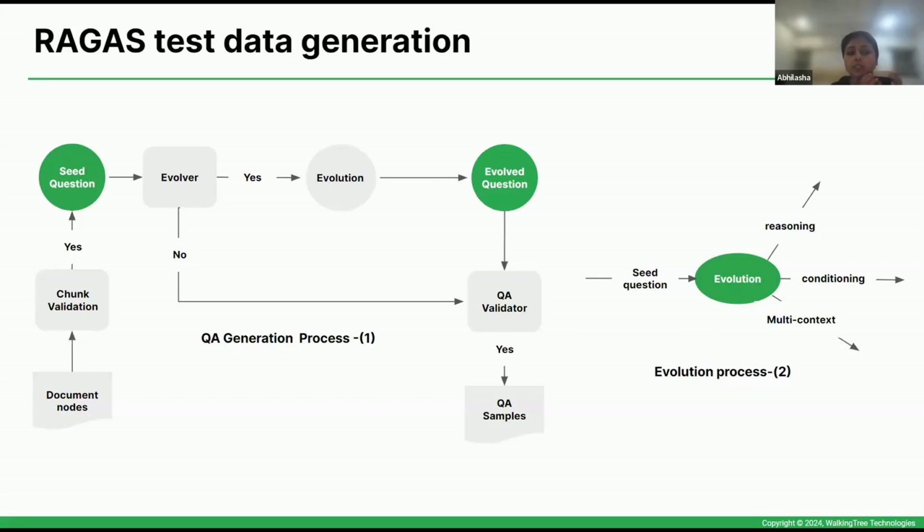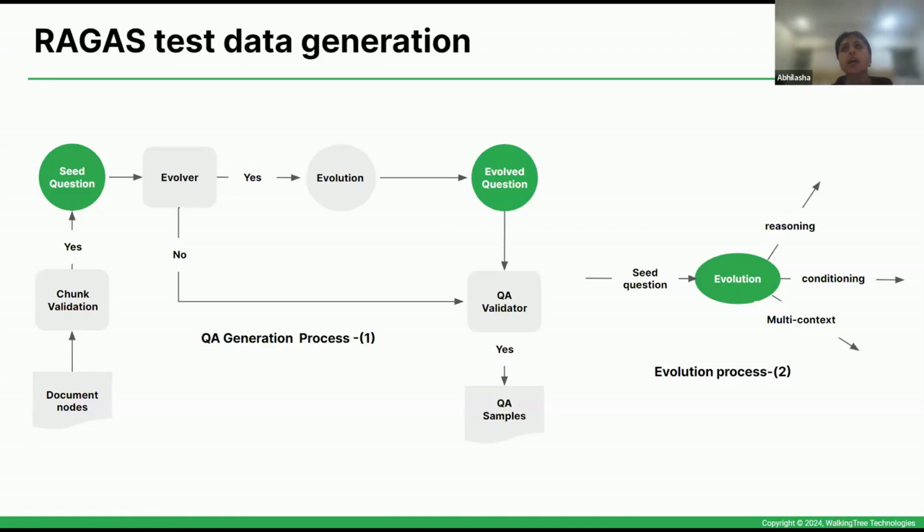Basically it evolves. Based on the seed question and the chunk of data available to it, it will evolve and build questions which bring in more aspects. Here you see these three things: reasoning, conditioning, and multi-context. The evolution process will generate a question-answer set with the flavor of reasoning and the flavor of conditional, such as: if this is the case, then what should happen?